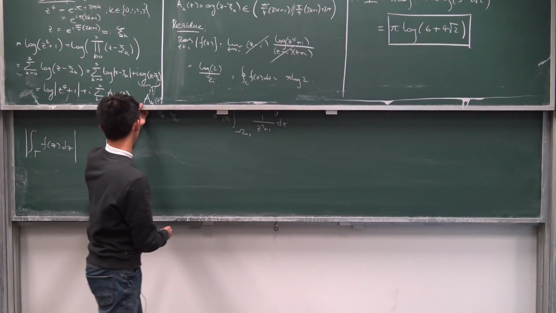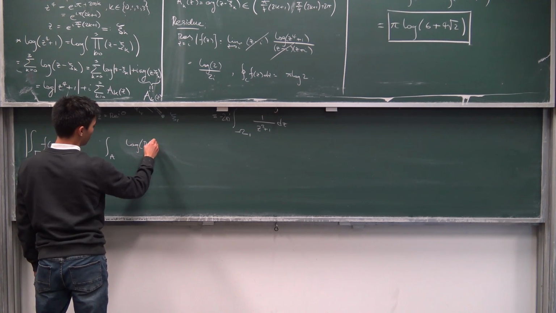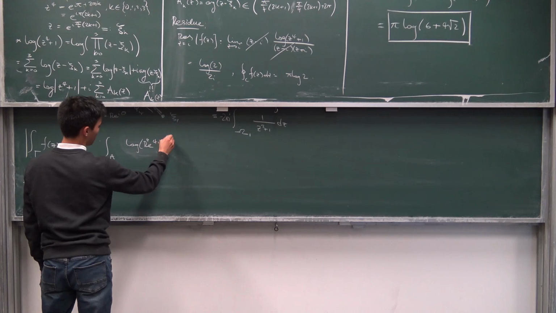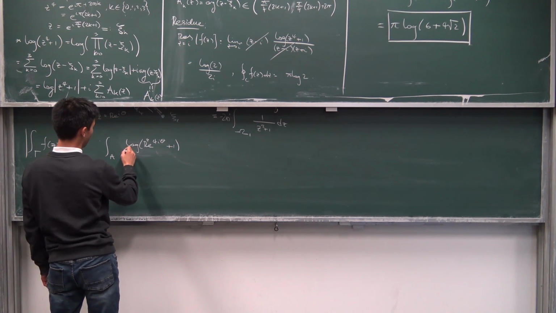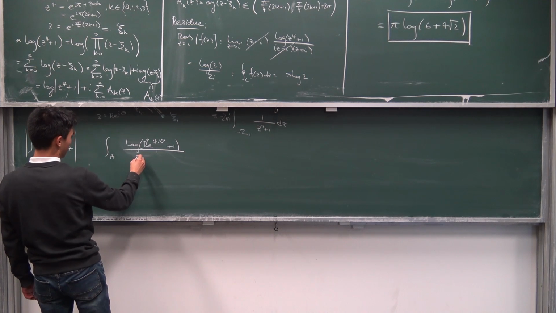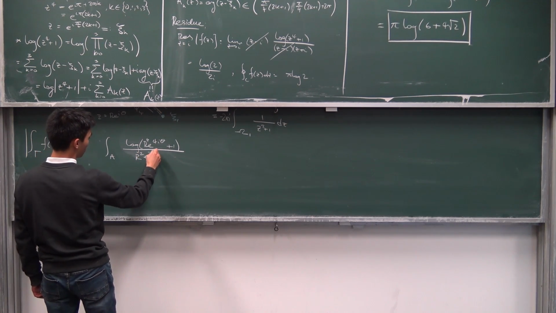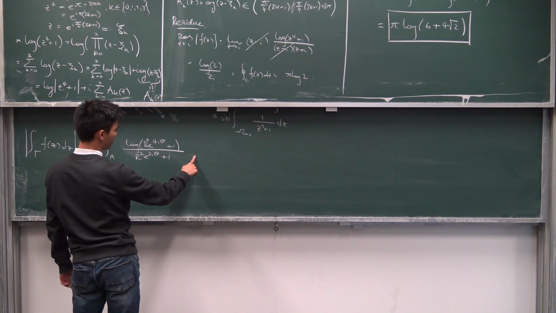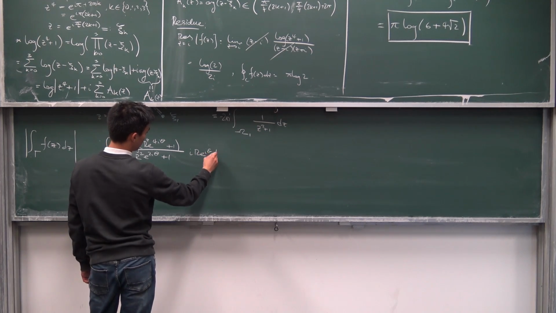So we'll just do some sets A in general of the logarithm of r to the 4, e to the 4 i theta, because you raised z to the 4, plus 1, divided by r squared e to the 2 i theta plus 1, and then you have the differential here, which is i r e to the i theta d theta.